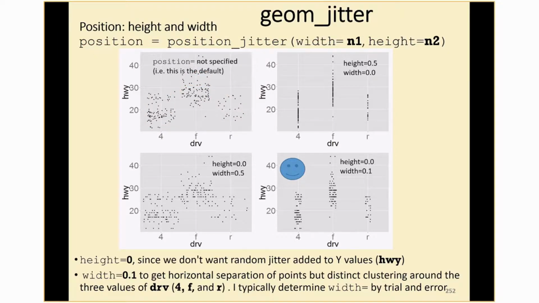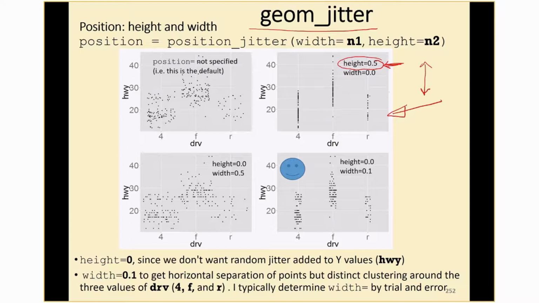This example here reflects probably the worst possible thing you can do. I've set the height equal to 0.5. So what's that going to do? Well, the whole idea of geom_jitter is that it introduces random variability into the positioning of the points. If you set height equal to 0.5, that indicates that the random variability is inserted in this dimension.